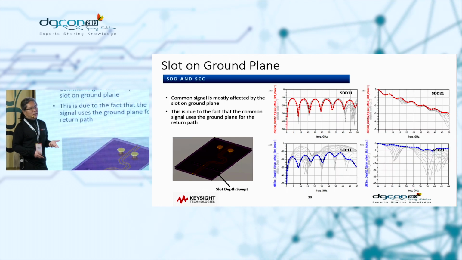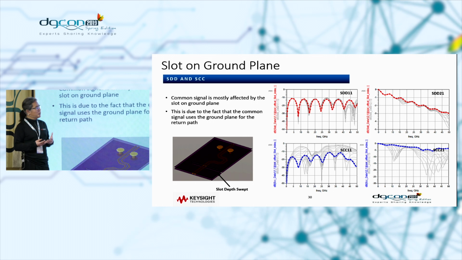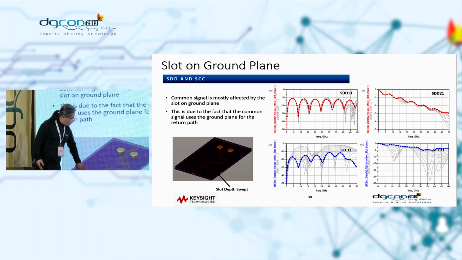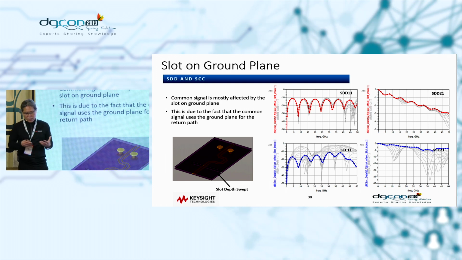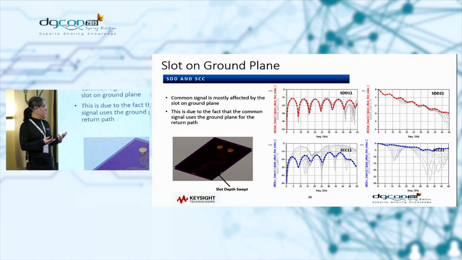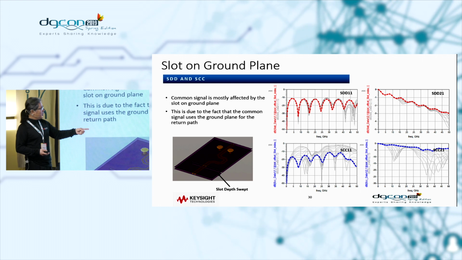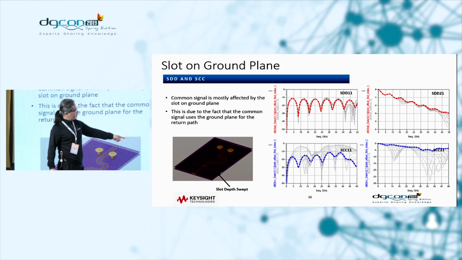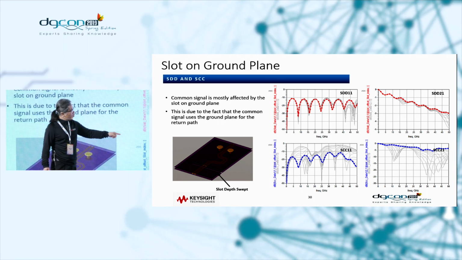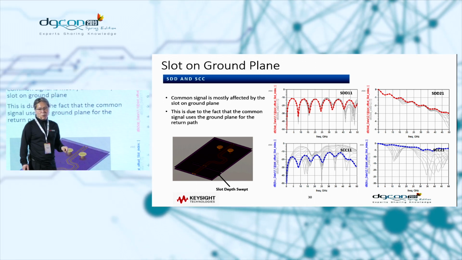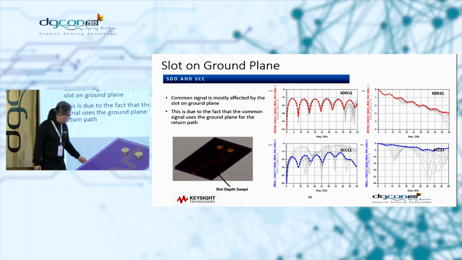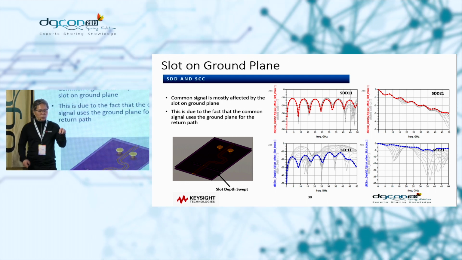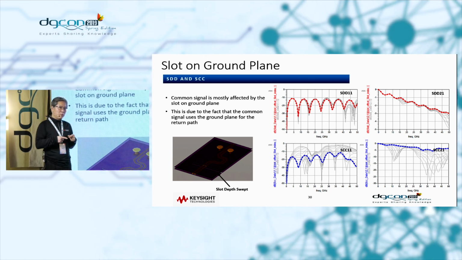The other is a slot, right? Slots sometimes happen to be in the design due to layout concerns or issues. Again, if you look at this is SDD and this is SCC, we see more impact on common modes. It's because the differential mode is basically running signals on the top copper.